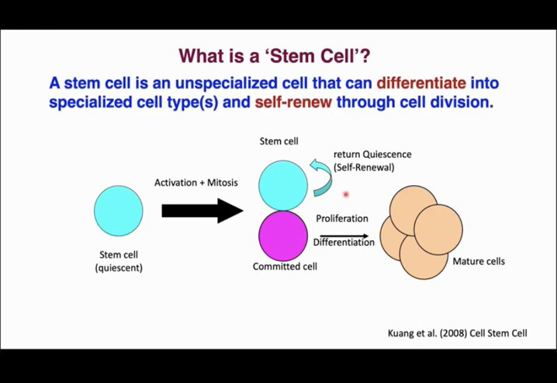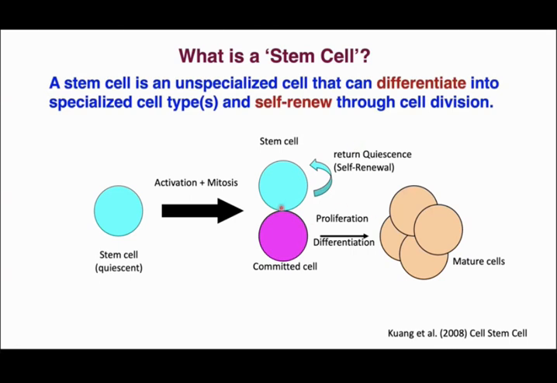So our definition for a stem cell, especially for a tissue stem cell, is that it is an unspecialized cell that can differentiate into specialized cell types, and then they can also self-renew to become another stem cell through this cell division process.